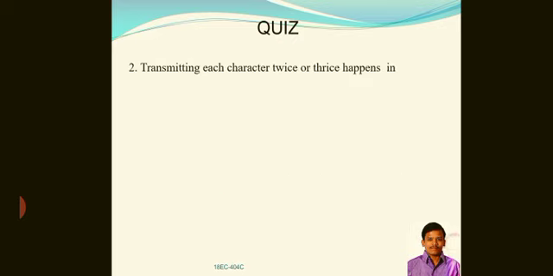Second question, transmitting each character twice or thrice happens in: A, parity method; B, exact count encoding method; C, echoplex method; D, redundancy method. So the answer will be redundancy.